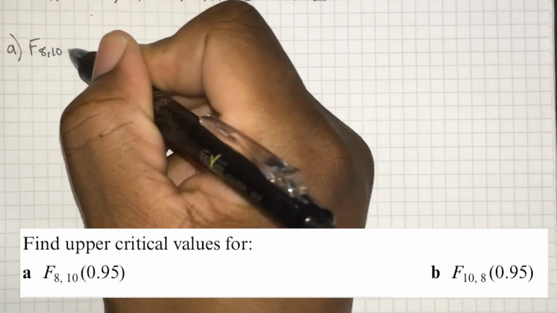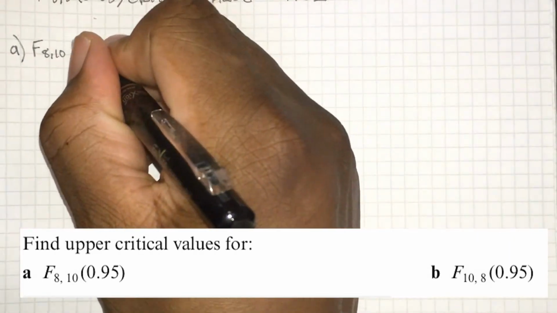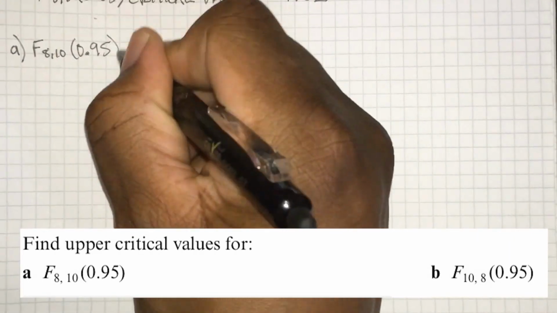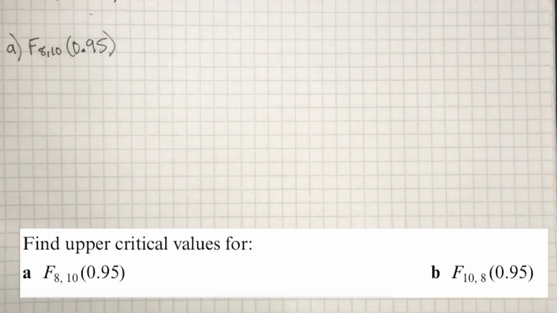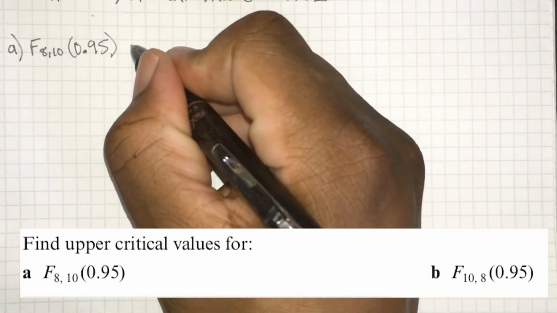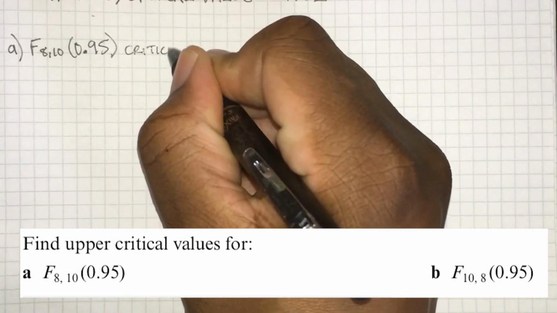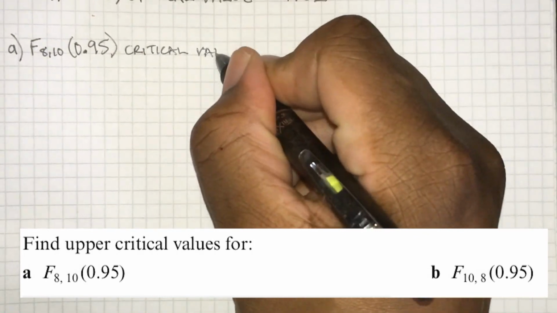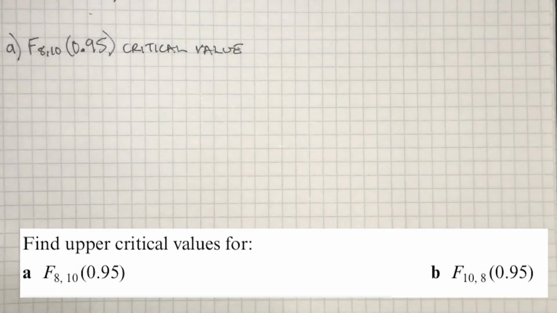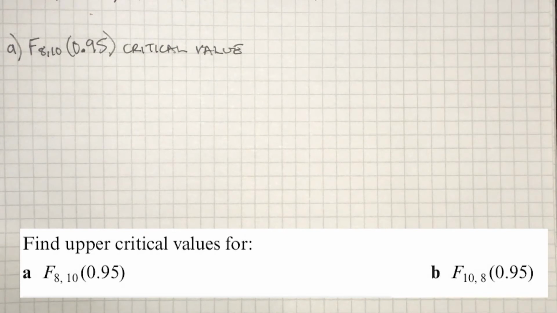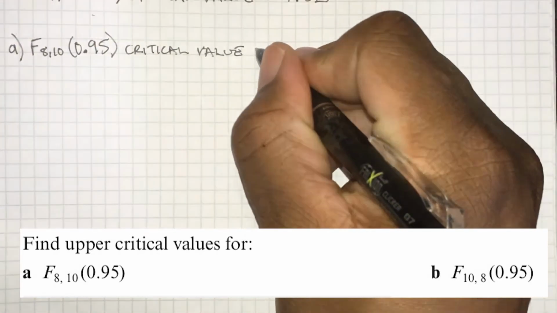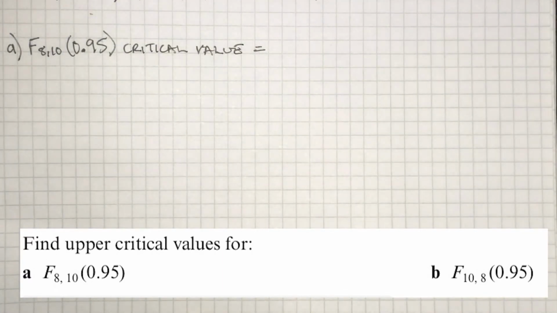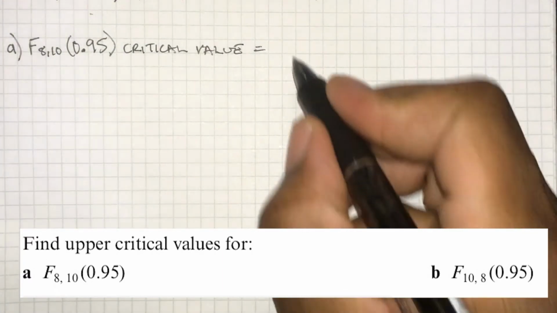We'll ask for the upper critical value for an F distribution with 8 and 10 as V1 and V2, and we're working with 95%. Well, there is no table for 95%, so immediately I'm going to try and use the reciprocal expression instead. So I should be able to find an answer if I do 1 over F with the degrees of freedom swapped.